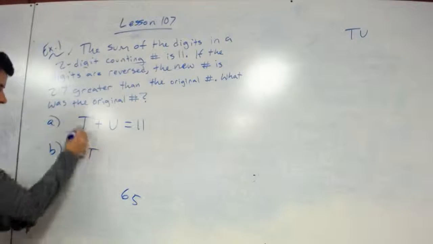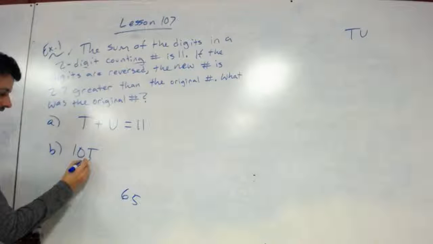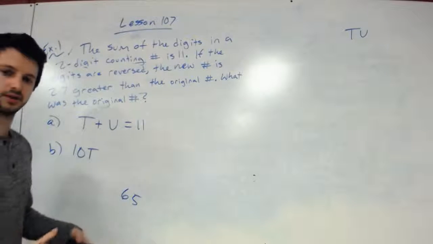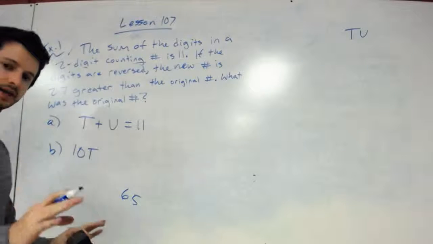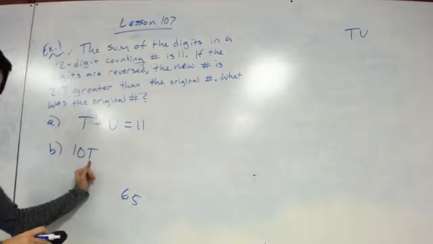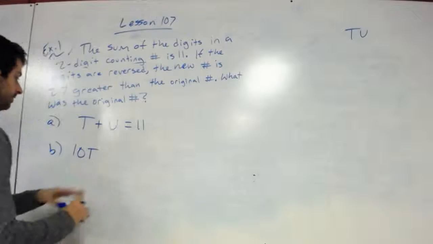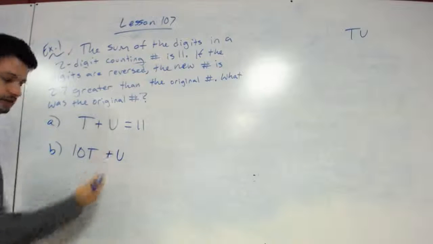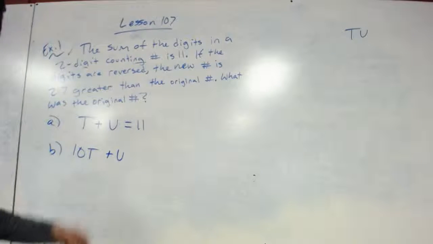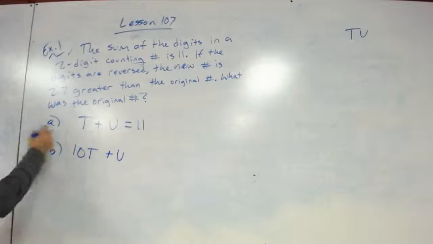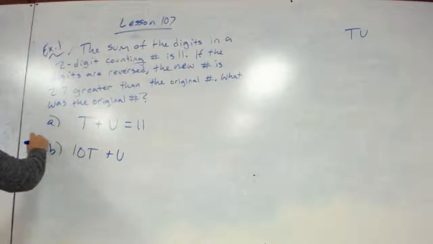If 6 is T, then 6 times 10, 60, would be the value. So I could say 10T plus U. You could say 1U if you want, but that's irrelevant. So that is my original.